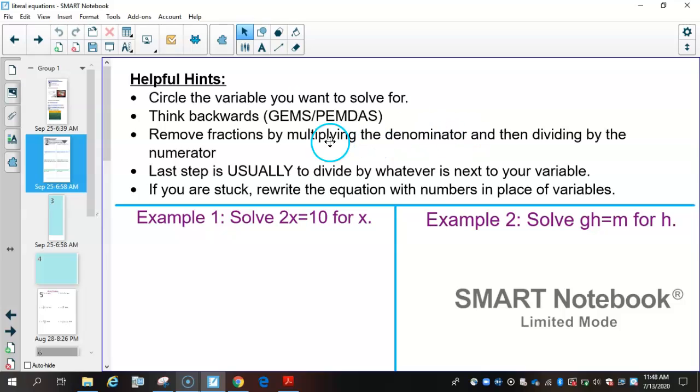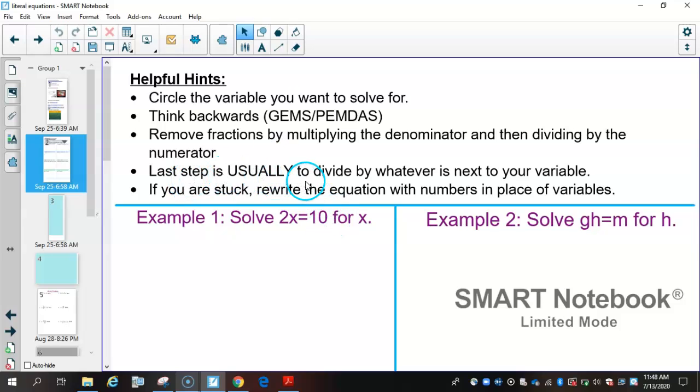This is taking one fraction and getting rid of it by doing two different steps, but you can just do one step, which is multiplying by the reciprocal, or multiplying by the fraction flipped. So you can do what this says, or you can multiply by the reciprocal, and we'll get into some examples like that.